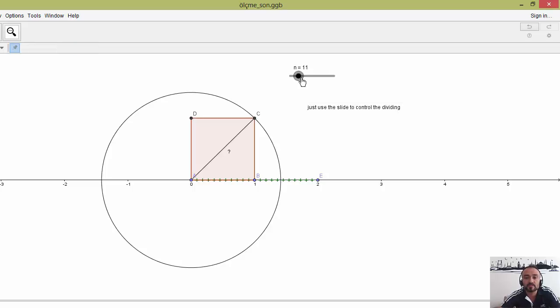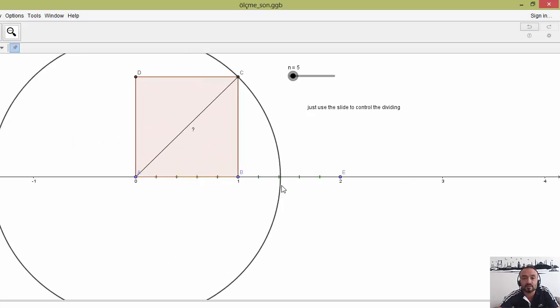As you see, I caught a partition number of 5 here, but when I zoom in, the 5 partition didn't work. Then trying to find another number, the 12 partition, 12 equal parts, I think maybe worked. I don't know.